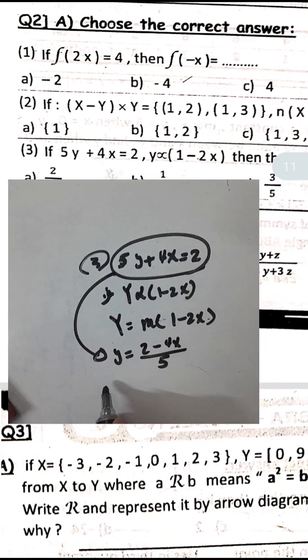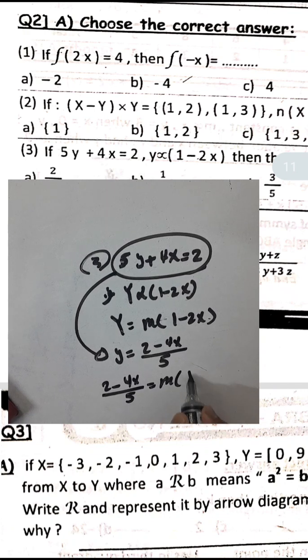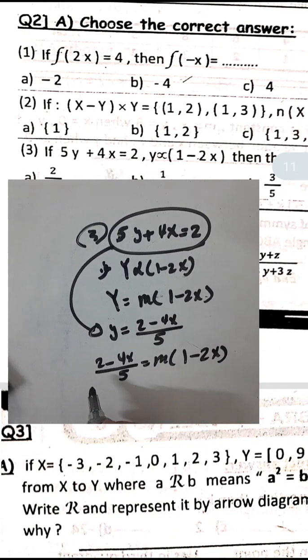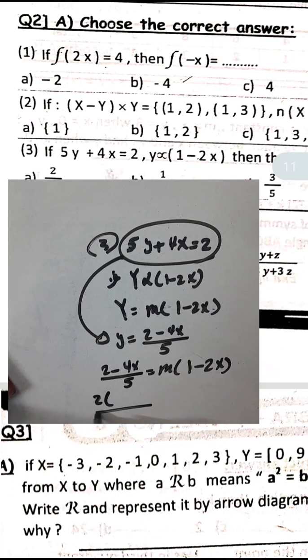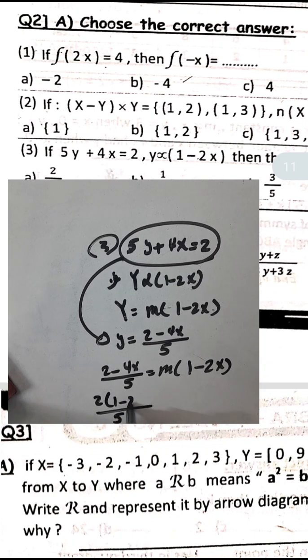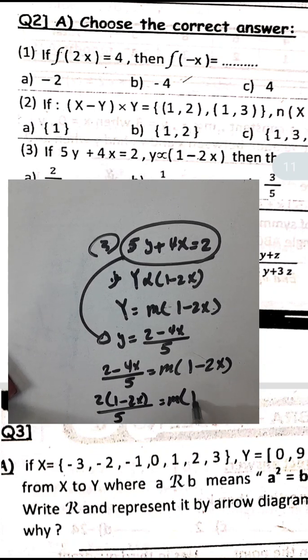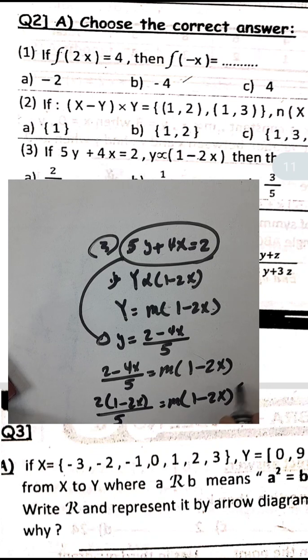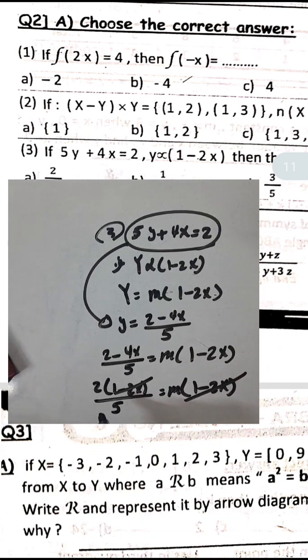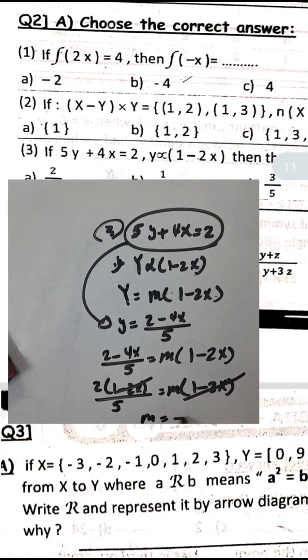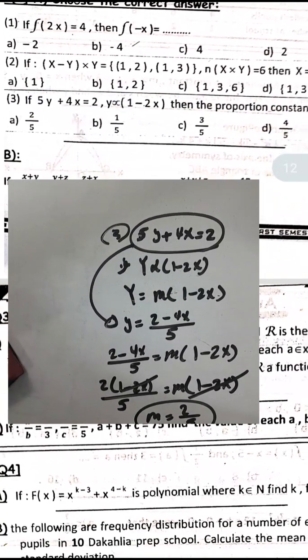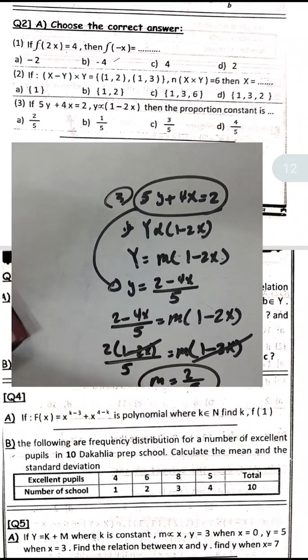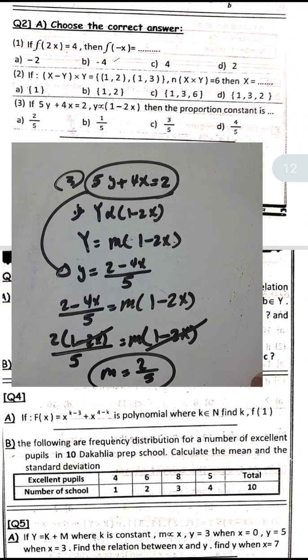Put y equal to 2 minus 4x over 5 equal to m product 1 minus 2x. Then write 2 outside as a common factor. The result will be 1 minus 2x equals m times 1 minus 2x, and then you can cancel the brackets with the brackets. Then the constant here will be 2 over 5. This example is very important.